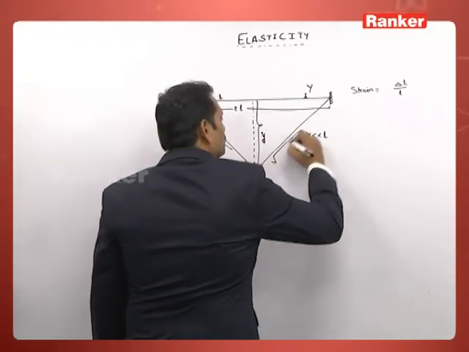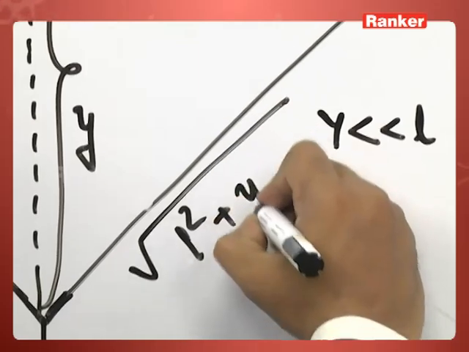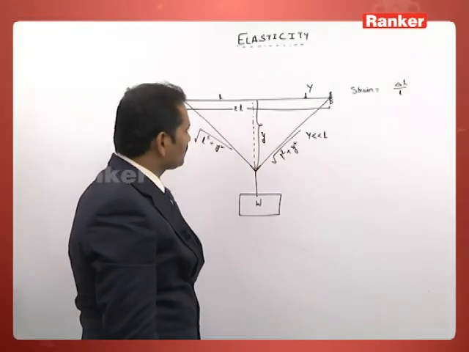The other side length is also the same, because it is an isosceles triangle.